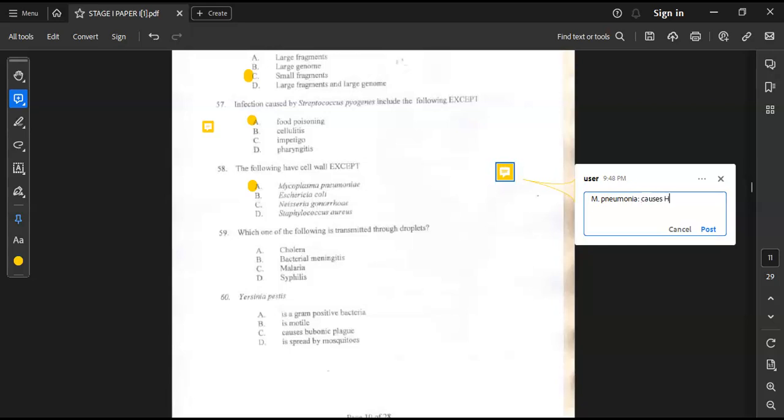And then it's the streptococcus pneumonia that causes the community-acquired.